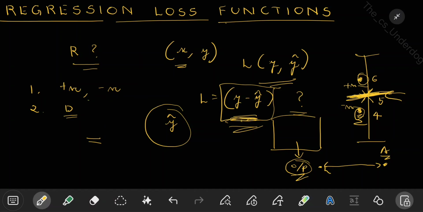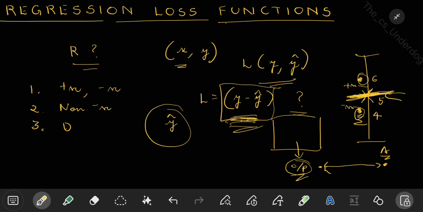So one, we said positive and negative should not cancel out. Loss should always be non-negative. That is, your final loss should always be non-negative. It should be differentiable. Then one more thing: when you have a mathematical value, loss or anything that you use in statistics, and machine learning basically comes out of statistics, all these concepts come from statistics.